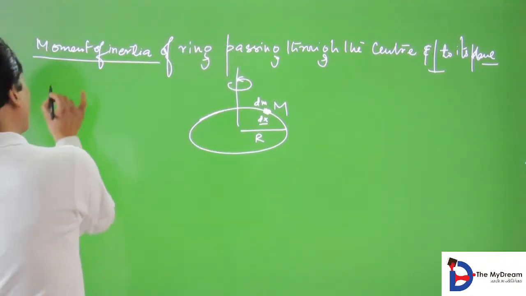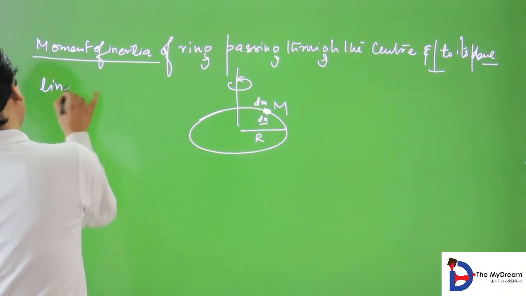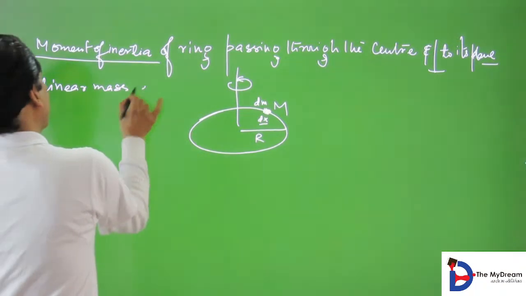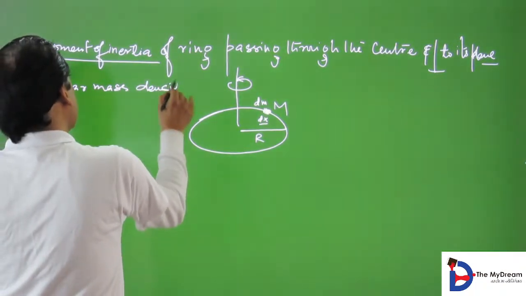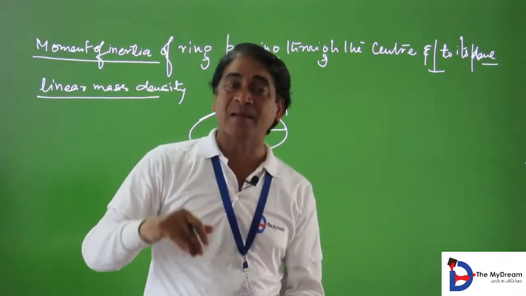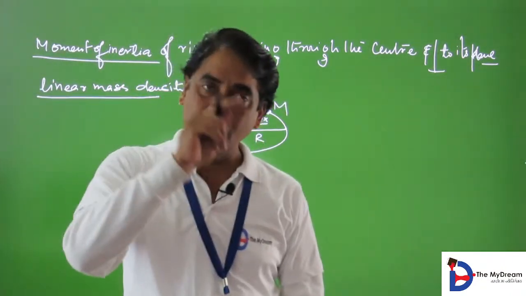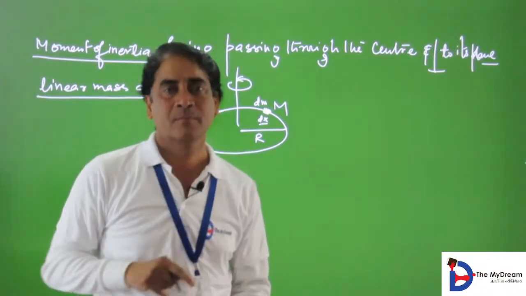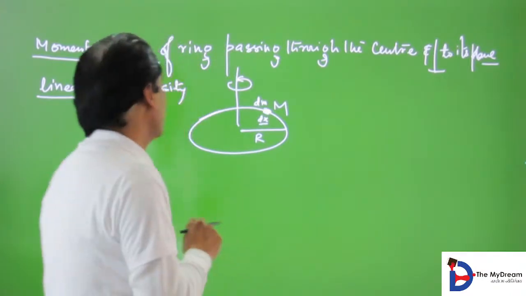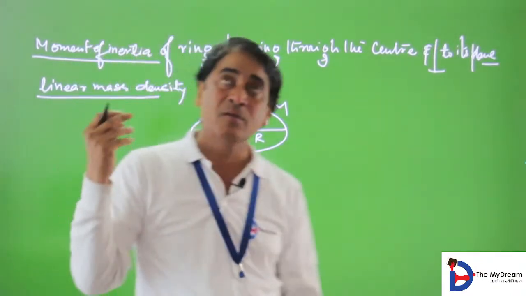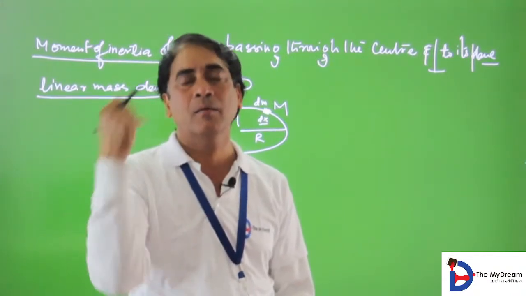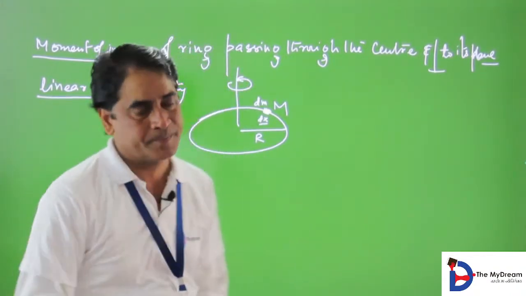So linear mass density is being discussed, the distribution of mass per unit length, over one coordinate out of the three coordinates.